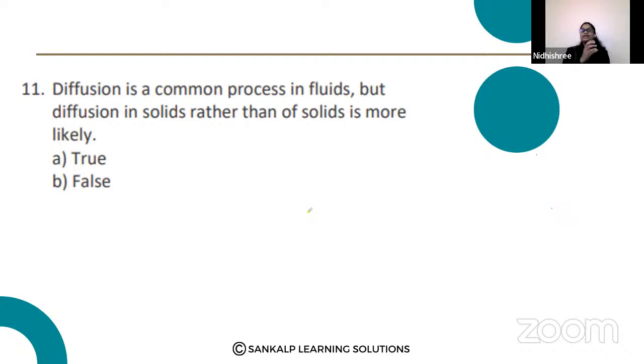But diffusion in solids rather than of solids. Diffusion inside solids, solids in solids, diffusion of solids into another state of matter is more likely what? It says diffusion in solids is tougher than diffusion of solids. Whether this statement is true or false?